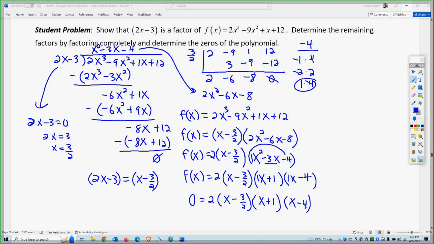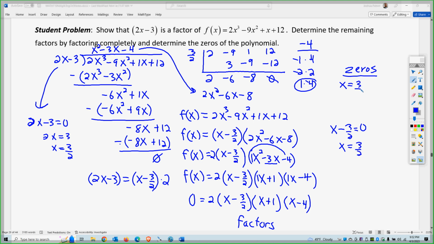Oh, I'm going to multiply that by 2 to get the equivalent. Sorry, I forgot the 2. All right, where was I left off? So my zeros. So is my factors, right? Okay, so zeros. x equals. x minus 3 halves equals 0, so x equals 3 halves.